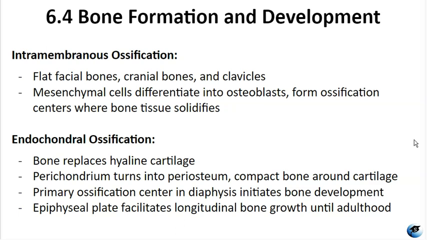As the cartilage calcifies, blood vessels penetrate, initiating the transformation of the perichondrium into the periosteum. Osteoblasts form a compact bone collar around the cartilage in the diaphysis. Primary and secondary ossification centers contribute to bone development, with the epiphyseal plate facilitating longitudinal growth until adulthood.